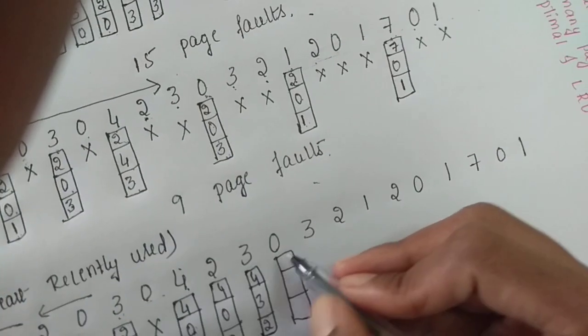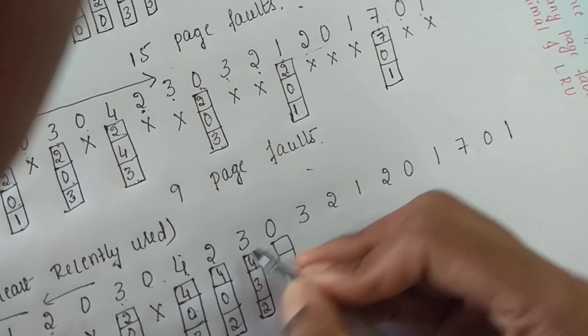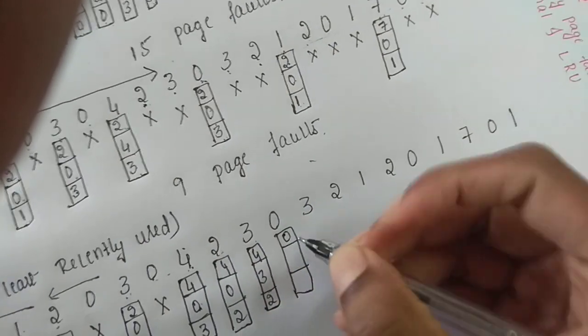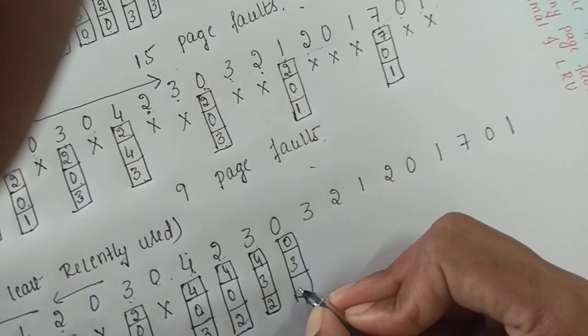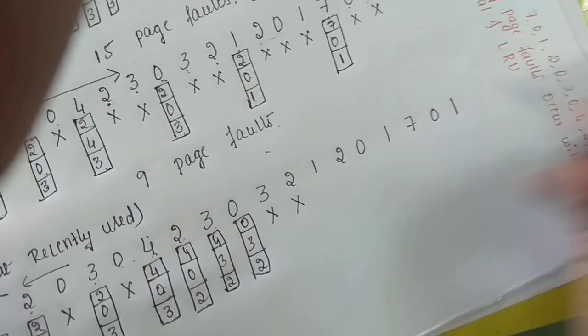We consider 4, 3, 2. 3 is here itself, 2 is here, and 4 is at the last place, so replace 4 with 0. 3 and 2 we don't want, 2 also we don't want.